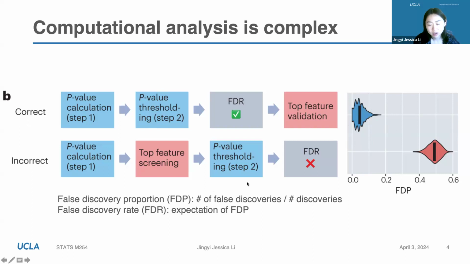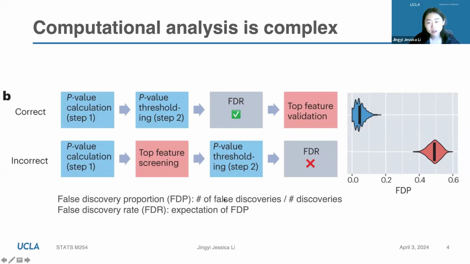Each time, because it's a simulation, I know the ground truth, so I can calculate the FDP, and then plot the distribution of FDP and the average. You can see that for the top one, the FDR is at 0.05, which is my target, even though the FDP itself may have some variation. But for the second approach, you can see that the FDP and FDR can be way above 0.05.